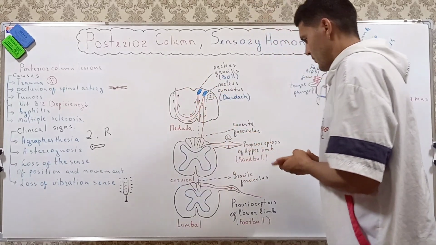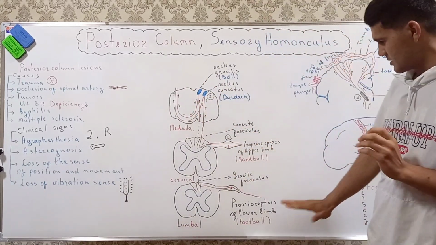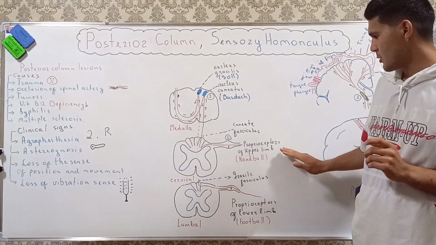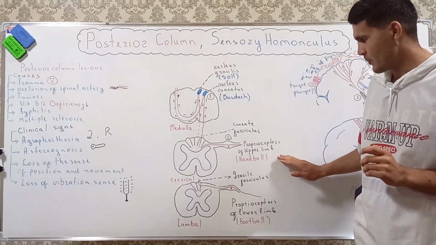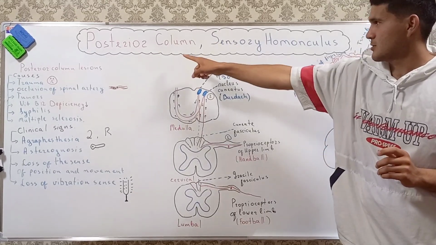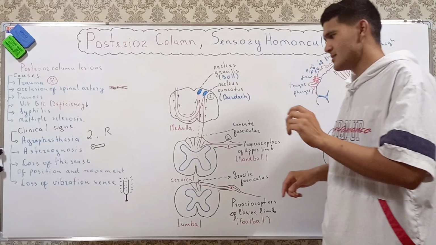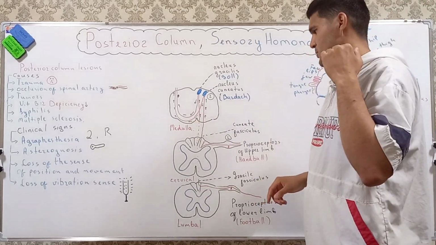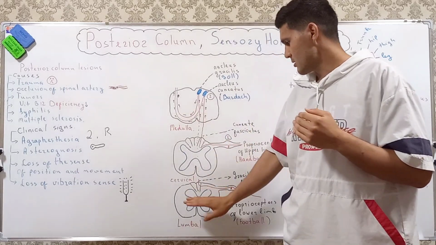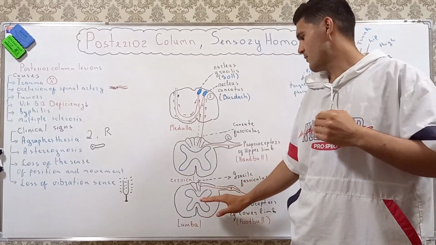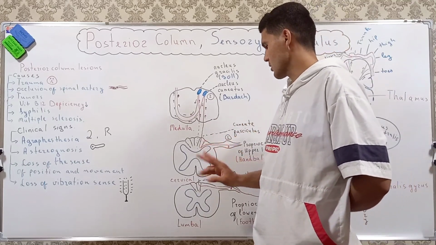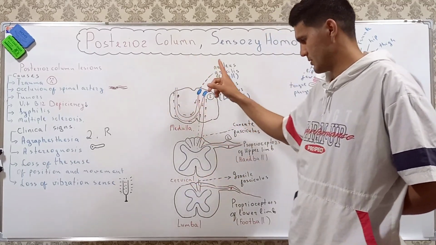First, look at the proprioceptors of the lower limb and the proprioceptors of the upper limb. Both of them use the posterior columns. In the cervical spinal cord you can find 4 columns, and in the lumbar section you can find 2 posterior columns.